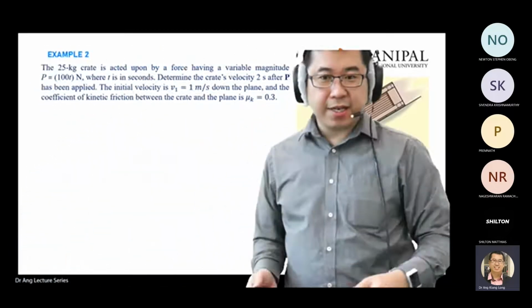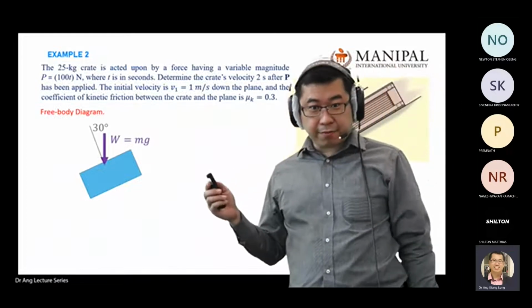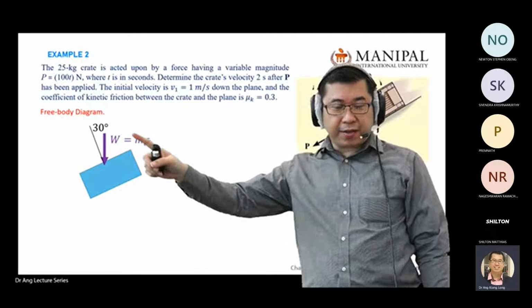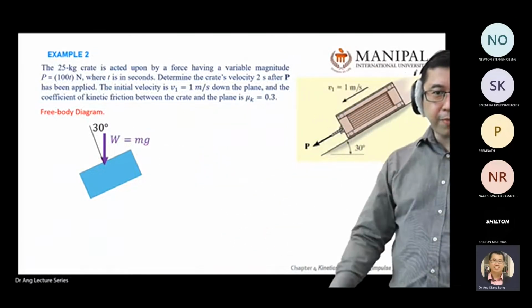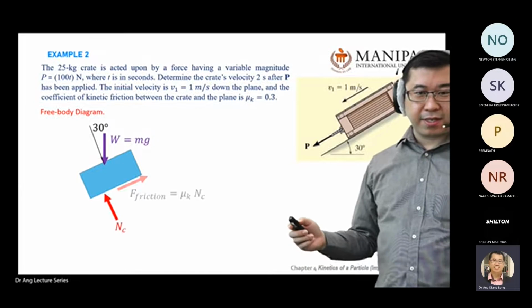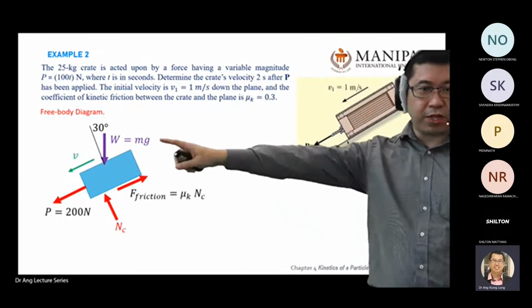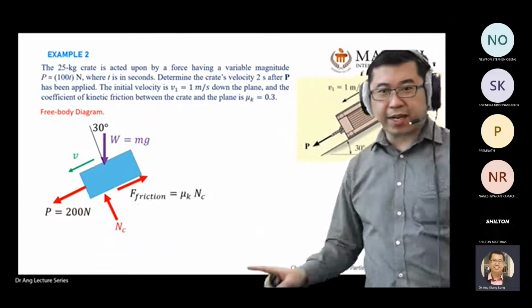Let's check. So for the free body diagram, you draw the object, and first thing is W. In this case, my X and Y, I will follow the body of my object. I will tilt all my axes along my object.